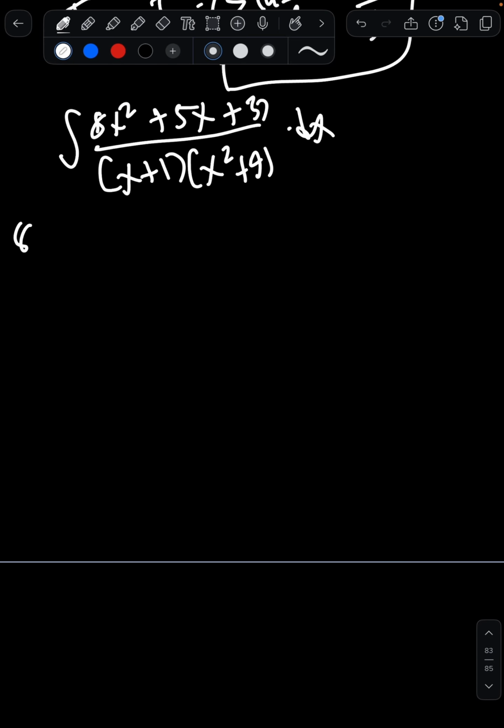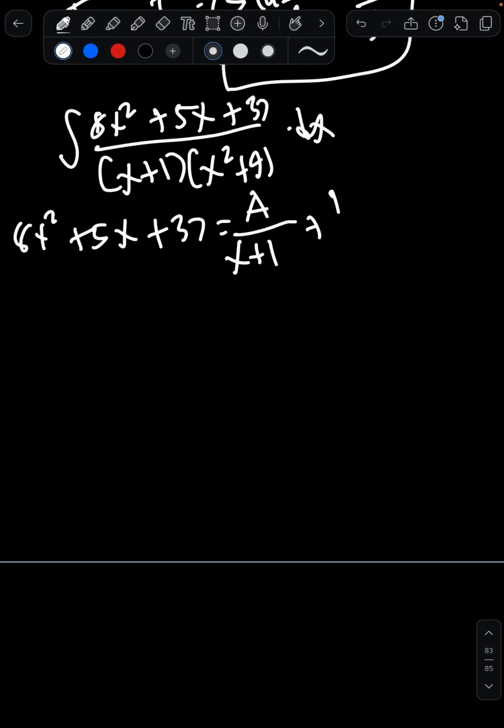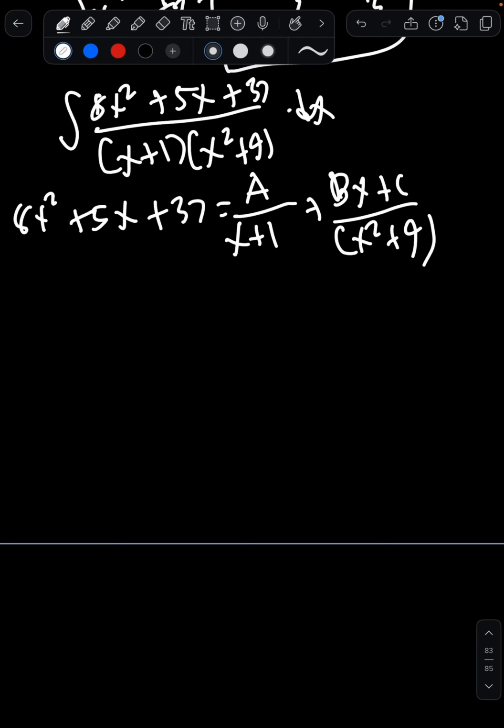We have this 8x squared on the top still, plus 5x plus 37 equals A over x plus 1 plus that linear term, which was bx plus c, over x squared plus 4. That's a rule you have to know and be able to identify, where a quadratic is irreducible for partial fractions. Now, if we multiply by x plus 1 times x squared plus 4, you'll see that we still have this on the left side.